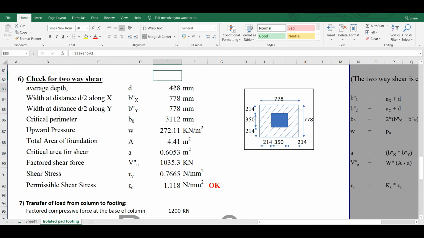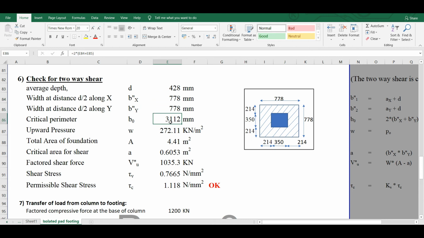So average effective depth is nothing but dx plus dy divided by 2. So the width along this x direction will be nothing but width of the column plus d by 2 and d by 2 from both the sides. So overall I will add d in the column dimension. So column dimension is 350 and plus d will be 428. So I will get 778 mm. Similarly in the y direction, the column width in the y direction and d by 2 in both the directions.